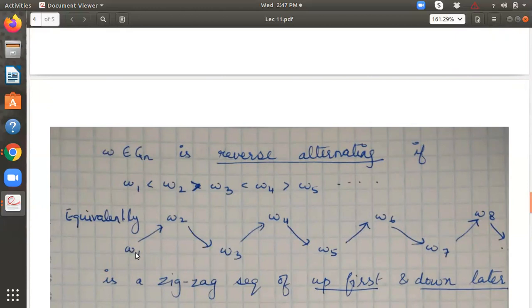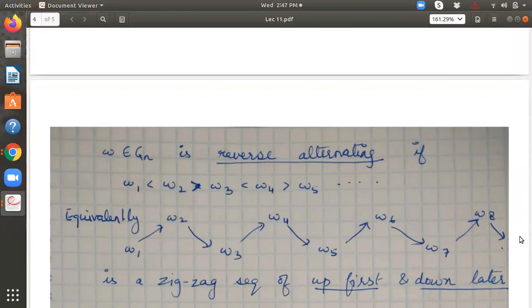So the first element W1, which was smaller than W2, with this manipulation, now the first element of the new sequence is actually larger than the second element. Correct? And you have done this to each of these arrows. There were exactly n minus 1 arrows, each in a zigzag pattern.